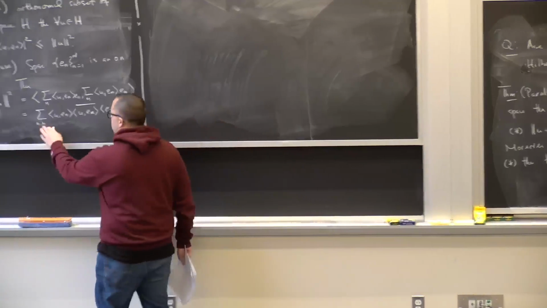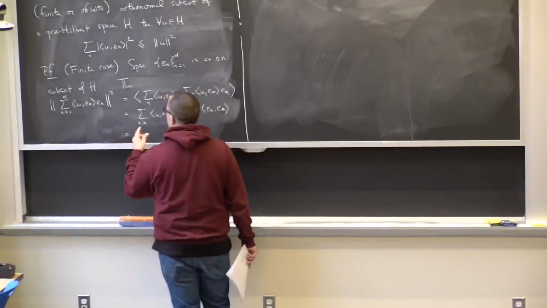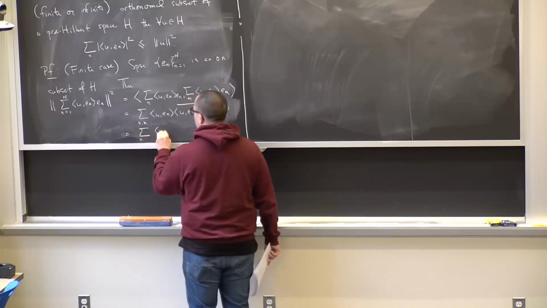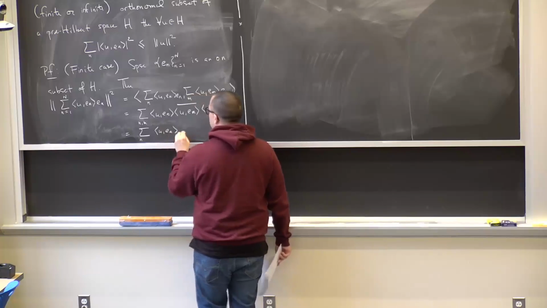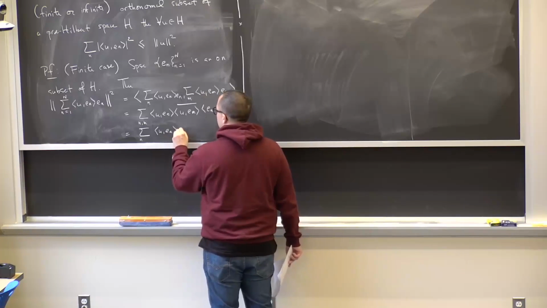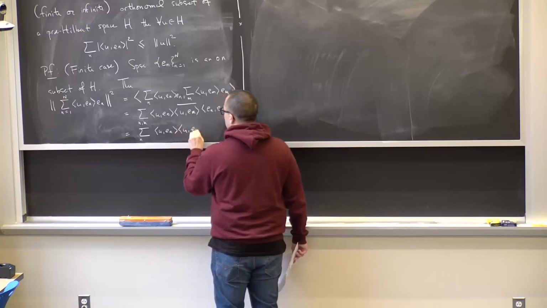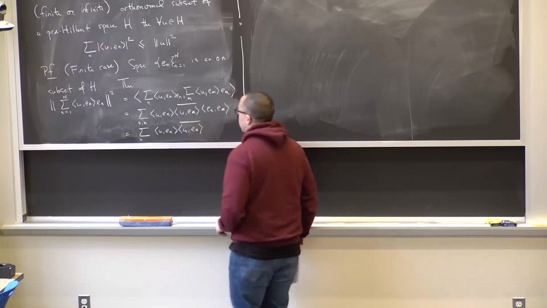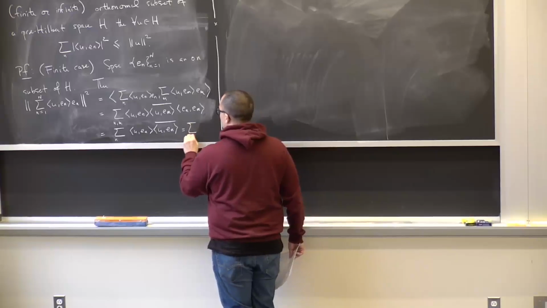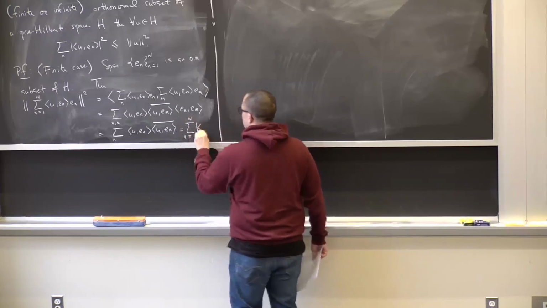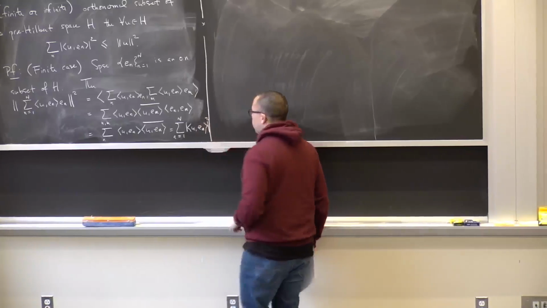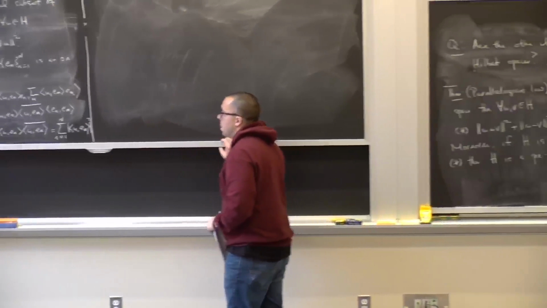So all I pick up from this finite double sum is when n equals m, with n going from 1 to N. And therefore this is equal to the sum of |⟨u, e_n⟩|². Okay?